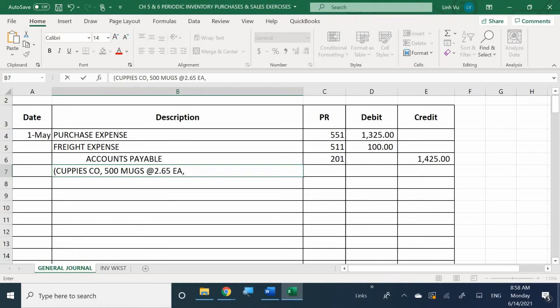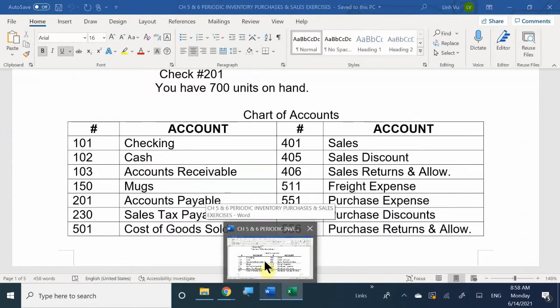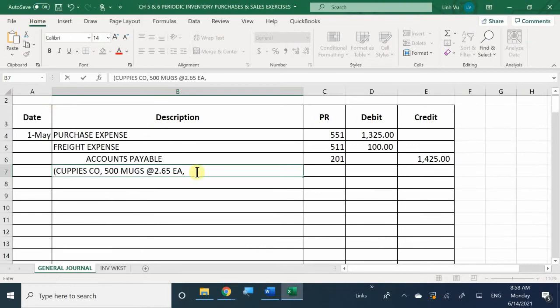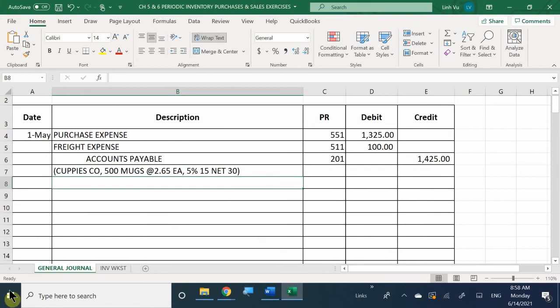And did I receive some terms? Because I placed it on an account, right? All right, let's take a look. What was my terms? 5/15, n/30. All right, 5/15, n/30. All right. Good.